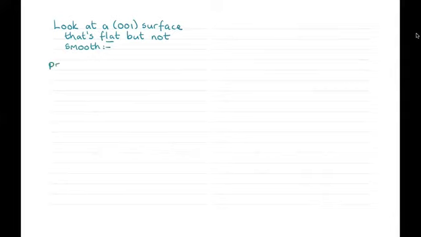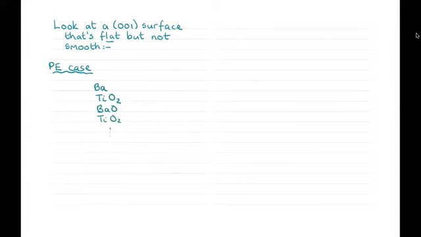And again, we'll first look at the paraelectric case. And what I mean by that, I'm going to take a surface that looks like this. So I have a barium, and then TiO2, and then barium oxide, TiO2, and so on.